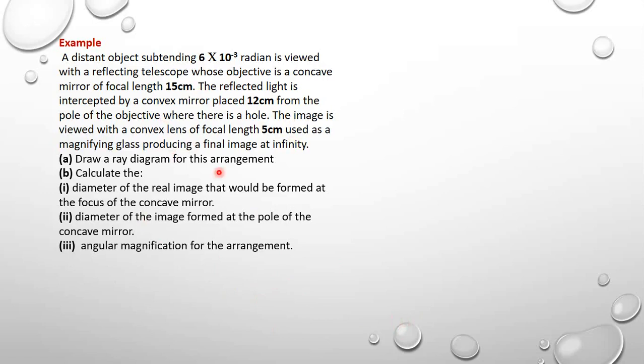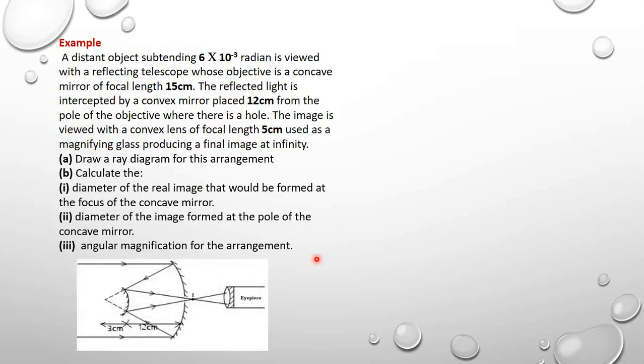When you look at this question, you find that this is a setup like that of the Cassegrain telescope in normal adjustment. So you're going to just use that ray diagram, and you see that the intermediate image formed by the concave mirror is going to be at this point, which is a distance 15 centimeters from the concave mirror, because this will be the principal focus of the concave mirror, and they have said that the focal length is 15.